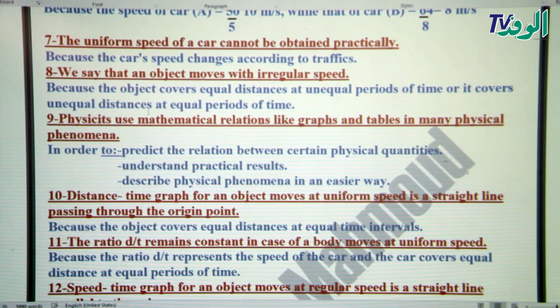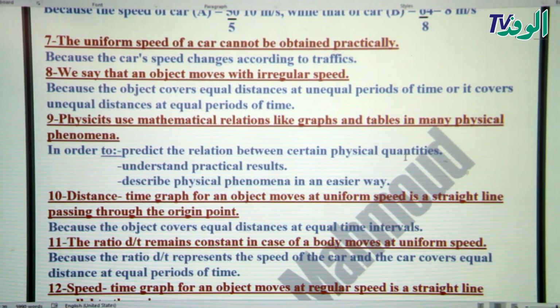Physicists use mathematical relationships like graphs and tables in many physical phenomena. Why? Three reasons. What are they? Number 1: in order to predict the relation between certain physical quantities.